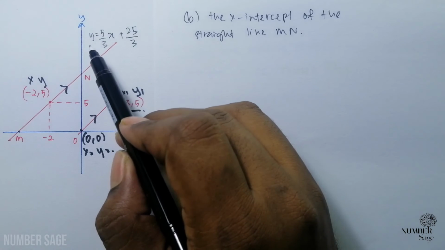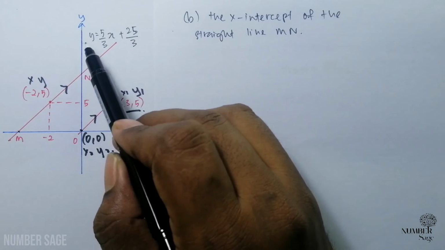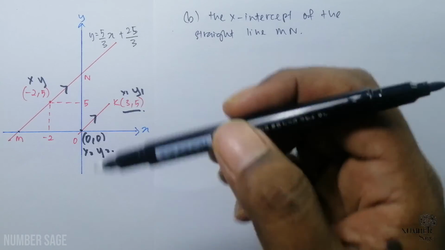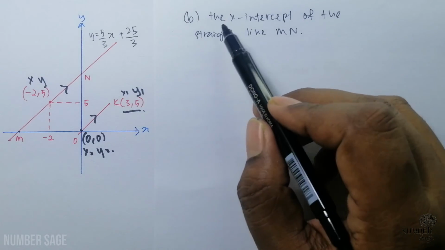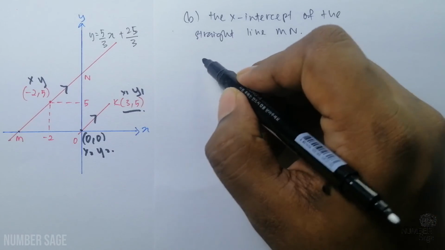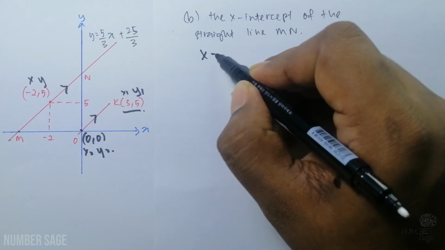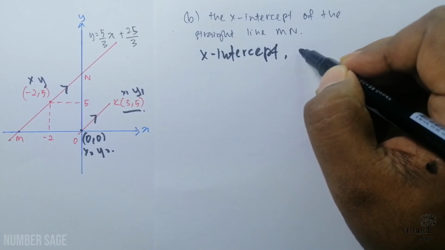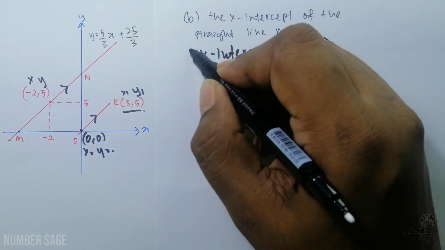The straight line equation for line MN is y equals 5 over 3 x plus 25 over 3. Now part B wants us to find the x-intercept of the straight line MN. As we learned earlier, if it's the x-intercept, y is always equal to 0.